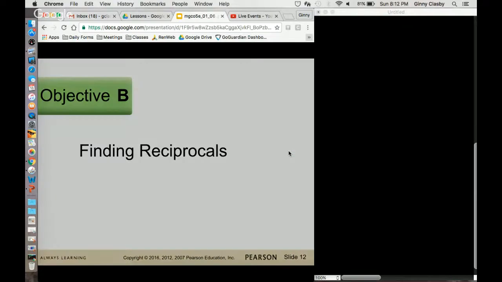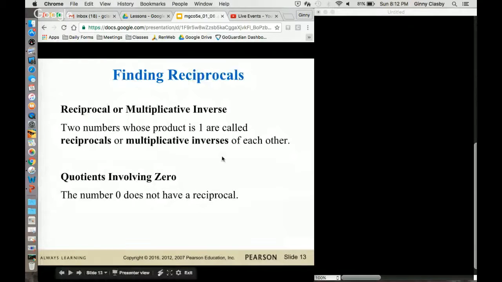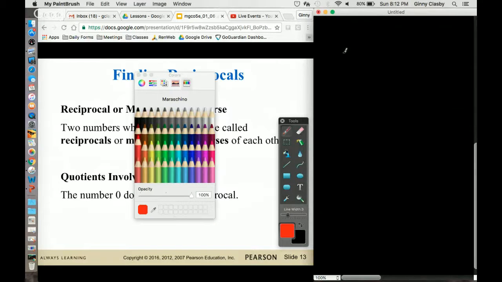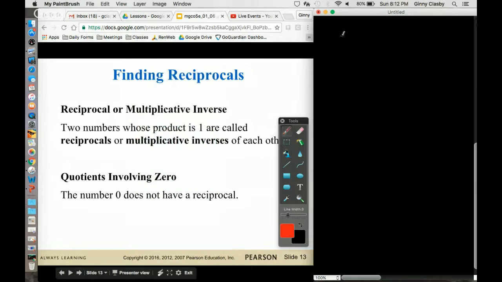All right, reciprocals. This is review for you guys as well. All right, two numbers whose product is 1 are called reciprocals. All right, what that looks like in a practical situation. You have two numbers whose product is 1. So let's take 2 times 1/2.